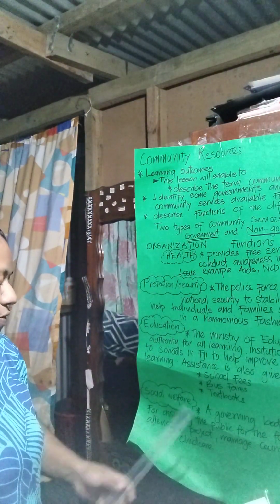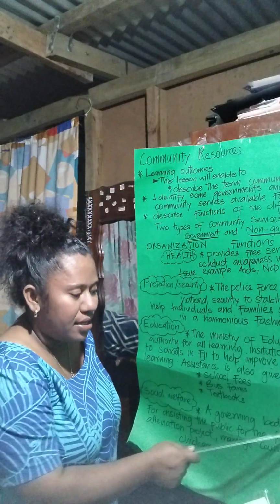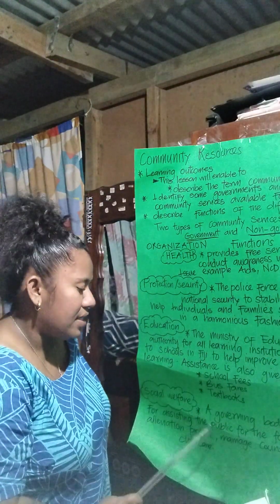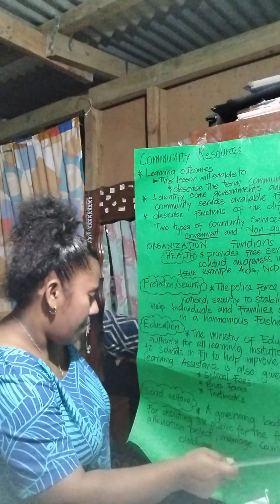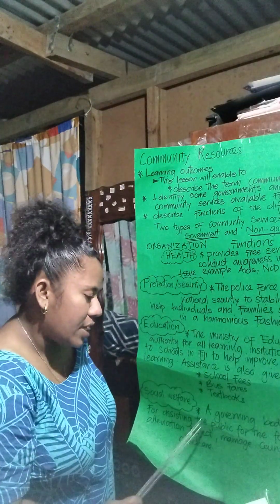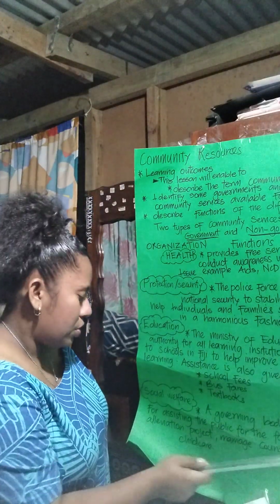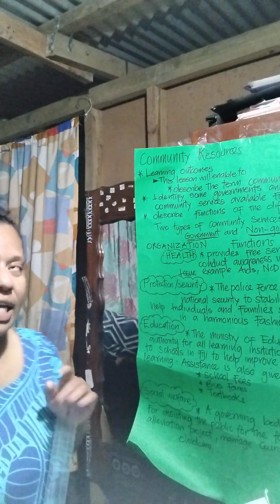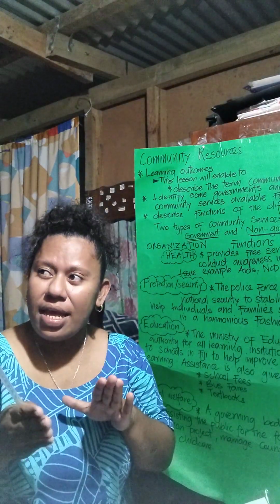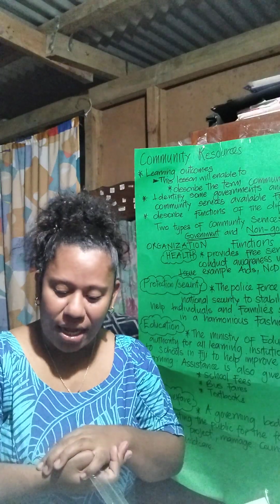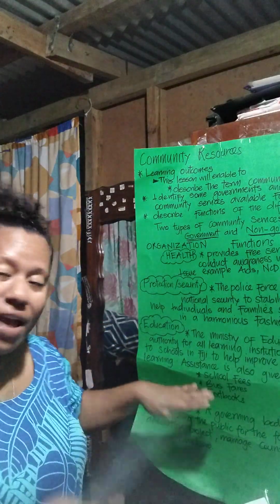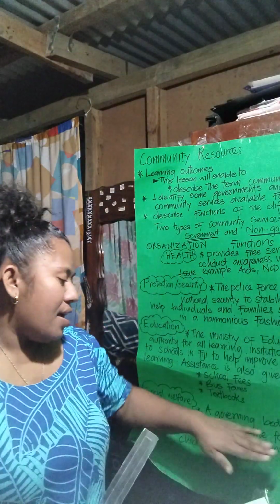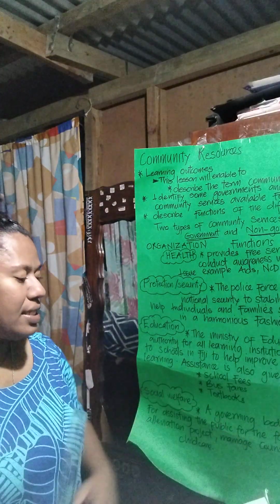Move on is social welfare. This is where a governing body that is responsible for assisting the public for the following: poverty alleviation project, marriage counseling, adoption, and childcare. For example, if a mother neglected her child after birth, the social welfare are there to assist them.